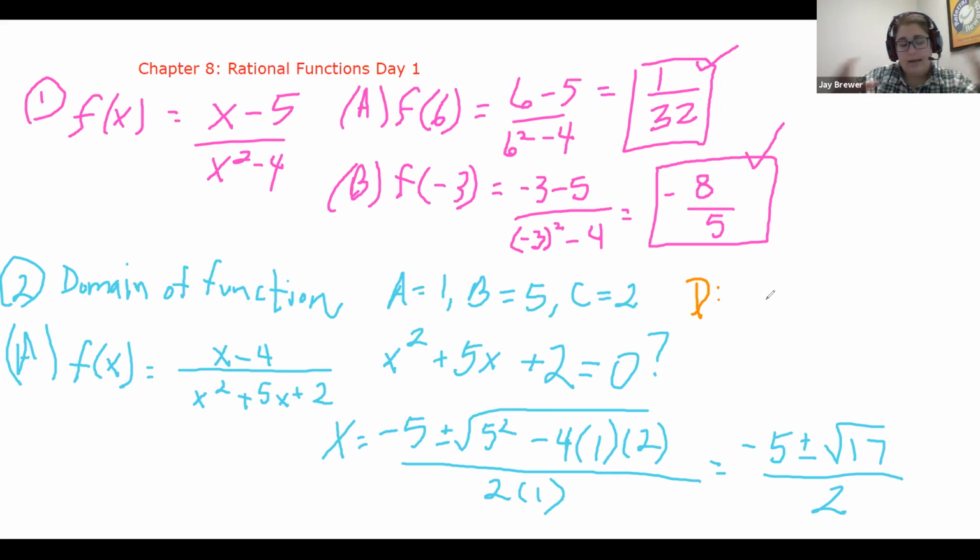You could write out the big long statement. I'm not going to. I'm just going to say all reals, except x cannot equal -5 plus or minus the square root of 17 over 2.